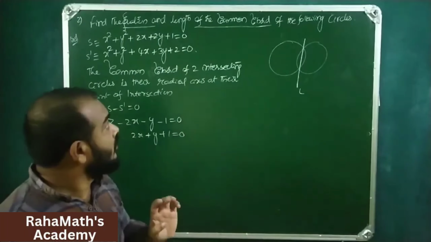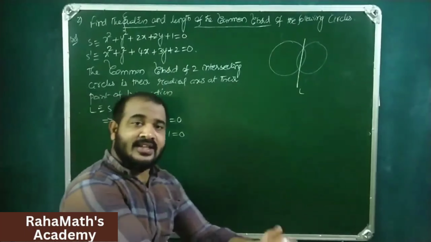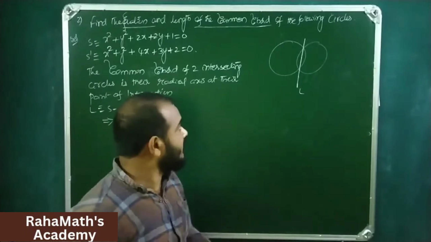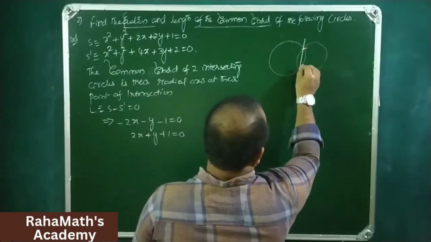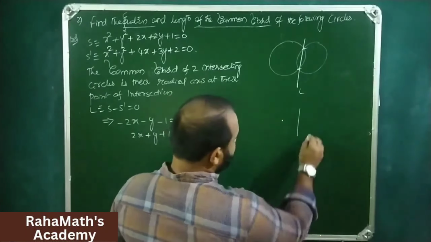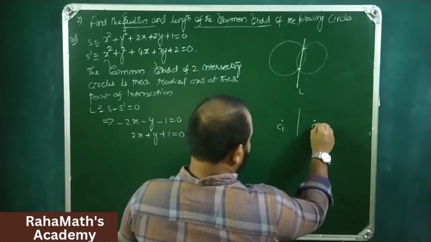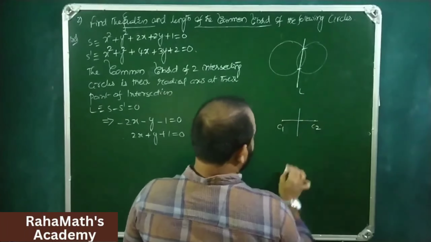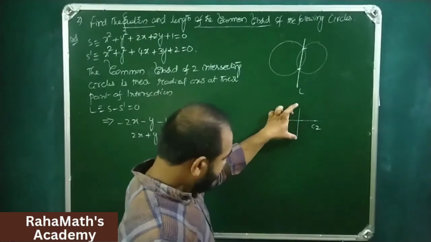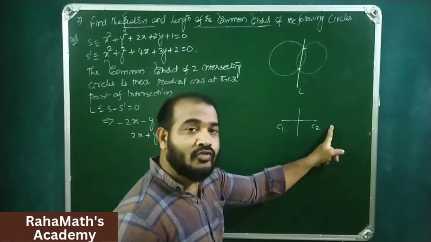So, we found the equation. Now, the length of the common chord. We have clearly discussed in the last problem the length of the common chord. This is what he is expecting. That means this is C1 and this is C2, and the radical axis is perpendicular to the line joining the centers of the two circles.